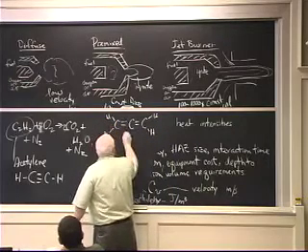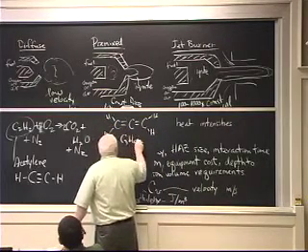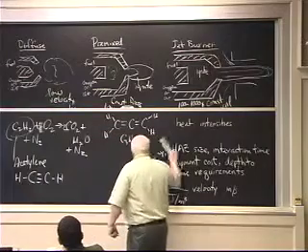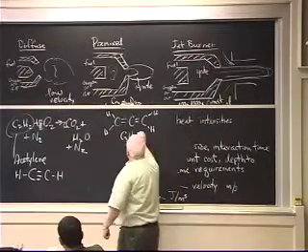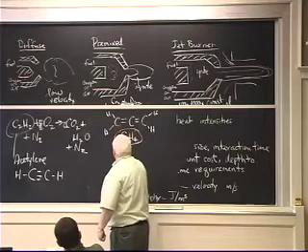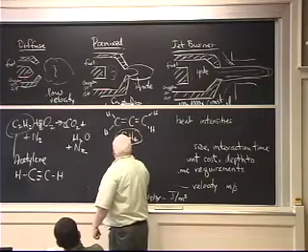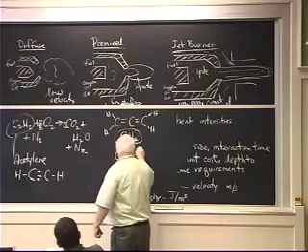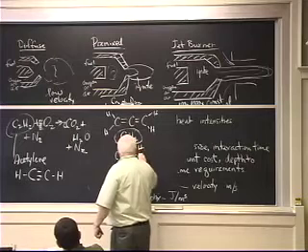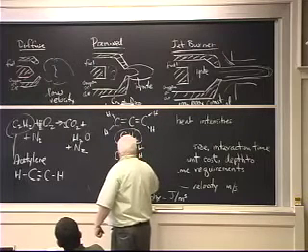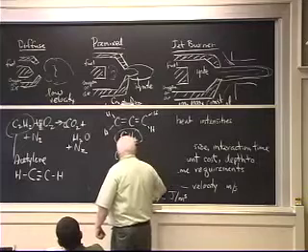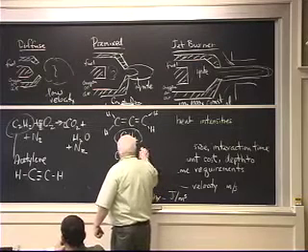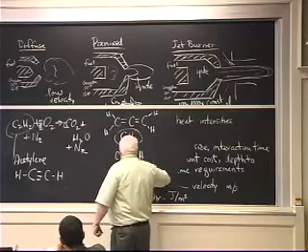So propadiene is C3H4, and there's also a variant of that, same C3H4, which is a triple bonded carbon with 3 hydrogens on this carbon, and 1 hydrogen on this side.